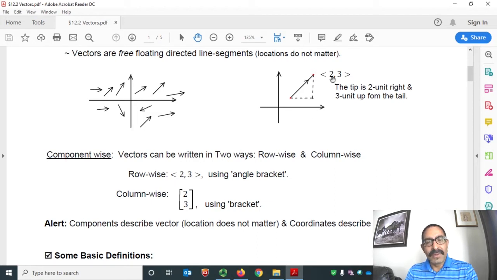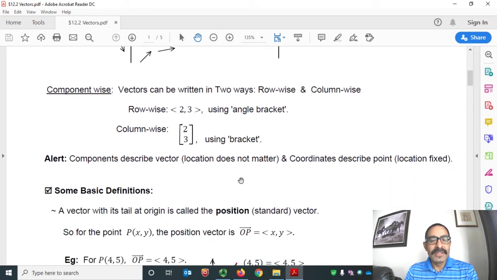Column wise, we write the vector using brackets, with 2 and 3 stacked. Quick alert: components describe a vector, so locations do not matter, and a coordinate describes a point, where location is fixed.